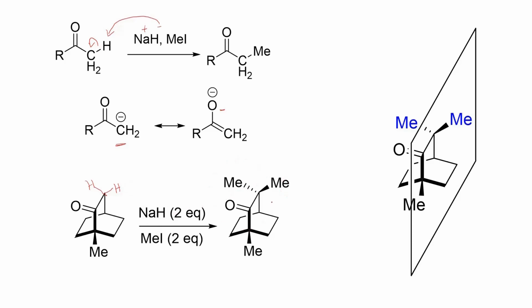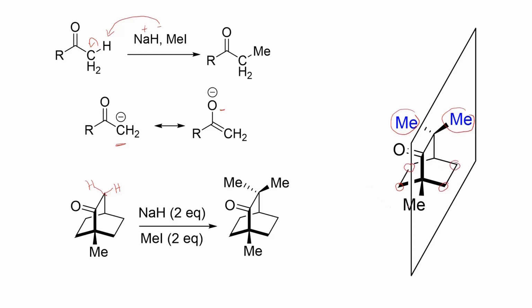Now our next job is to check whether there is any symmetry. Yes, there is a plane of symmetry passing through these two bridgehead positions. Due to this, these two methyl groups will be equivalent, these two methylene groups will be equivalent, and similarly these two methylene groups will be equivalent.